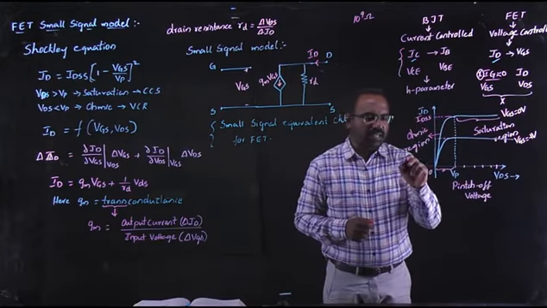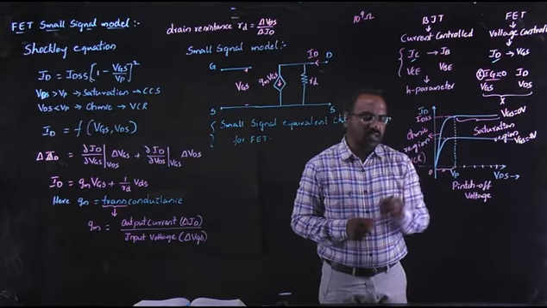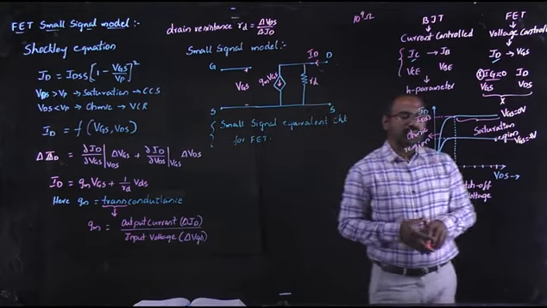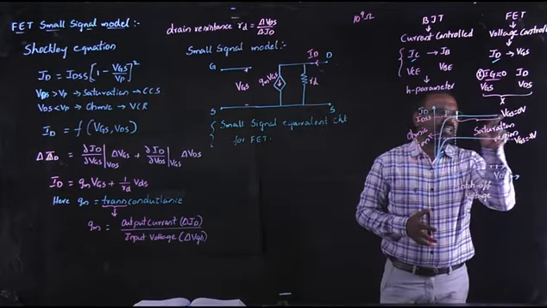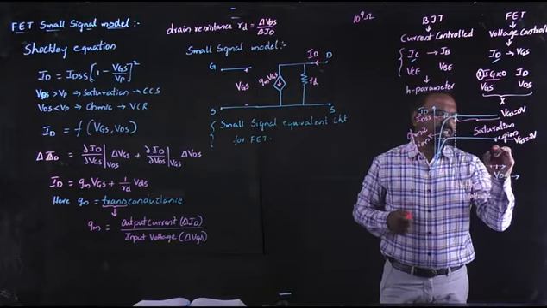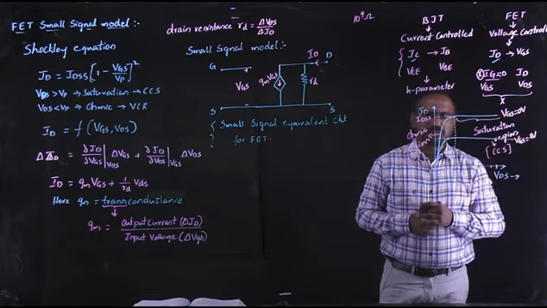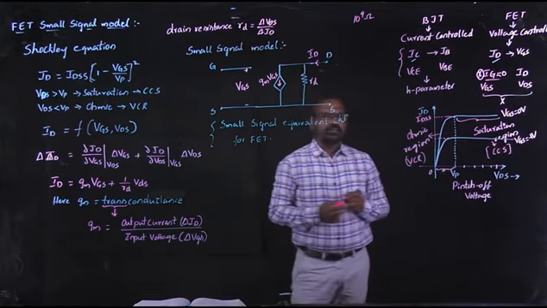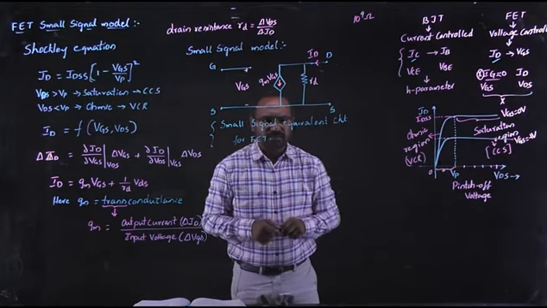In the ohmic region the FET works like a voltage controlled resistor. And in the saturation region it is a constant current source, CCS. So I have a current source here. From these characteristics also we can tell like this.